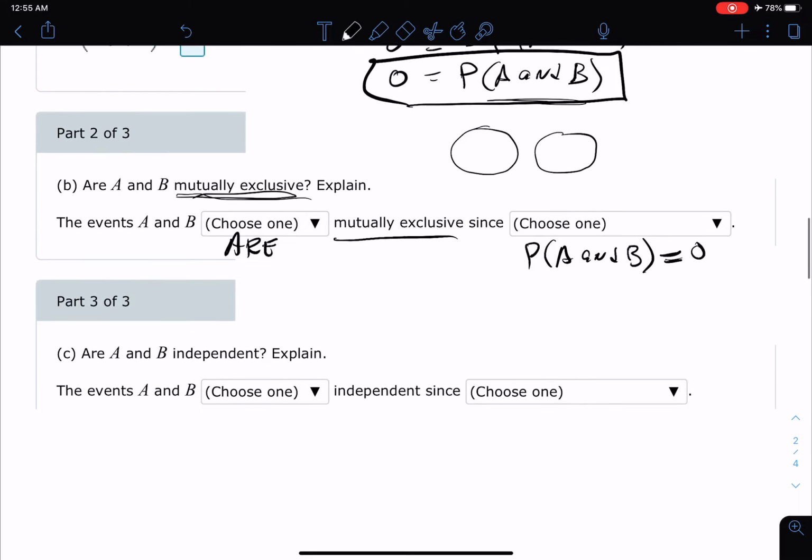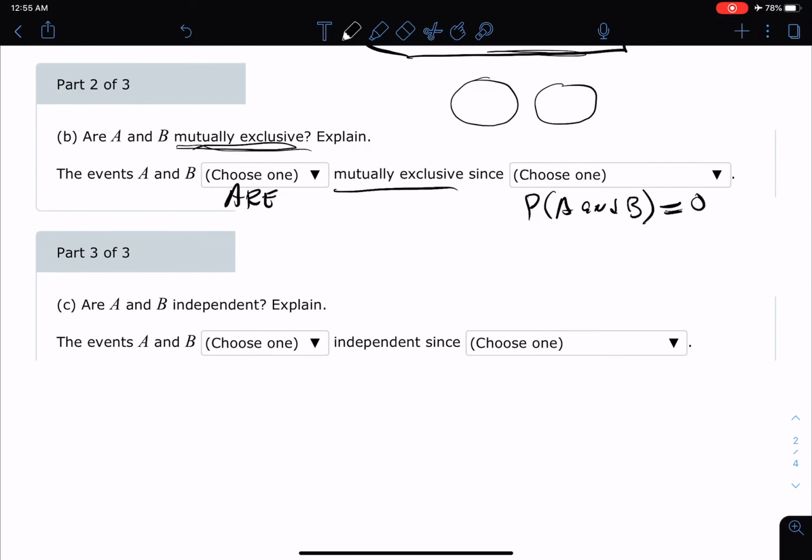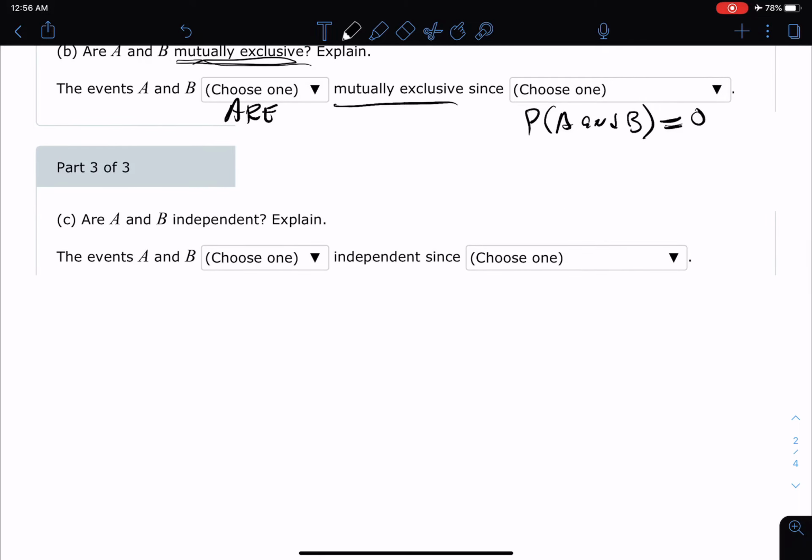Okay, and then our last question. This is a nice quick one. It says, are A and B independent? So you can answer this question. How did we do this last time? Well, the way we did it was we said, okay, I'm going to compare the probability of A times the probability of B. And if that equals the probability of A and B, then they are independent. If that does not equal, then they're not independent.